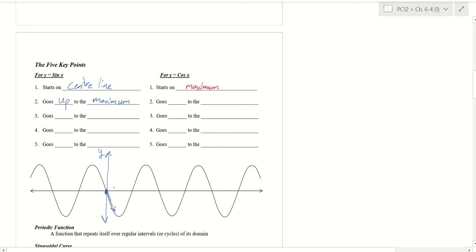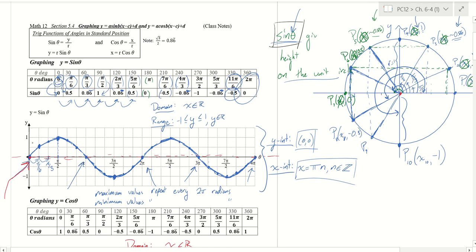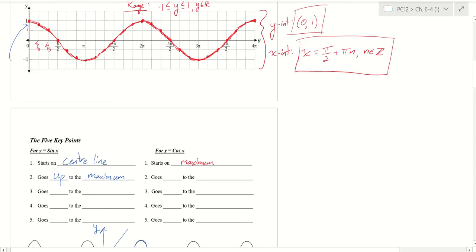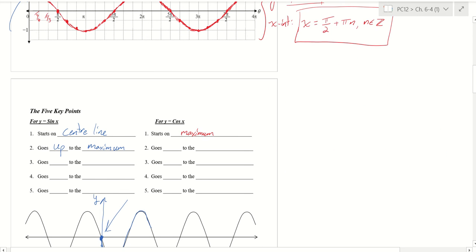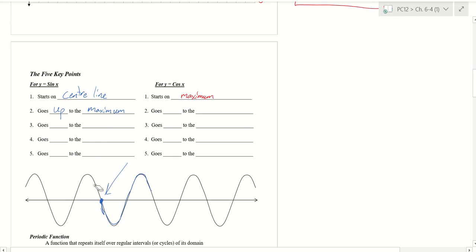But this would be an error. It is almost correct to draw your sine function like this, but you can see that this curve that goes down and then up is not quite the same curve as this sine function that initially goes up and then down. So sine goes up first to the maximum, not down.